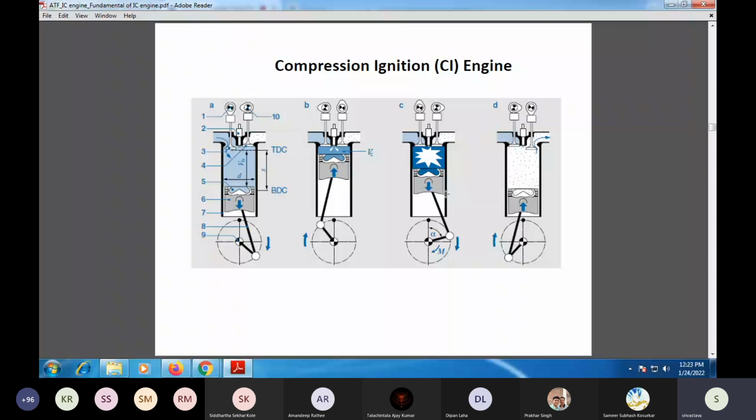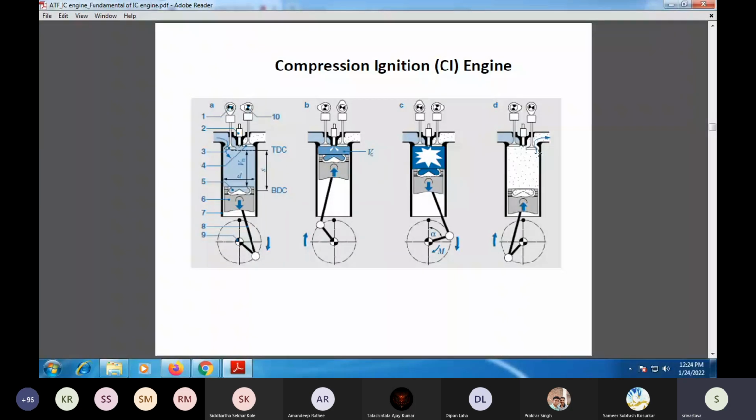Before the piston reaches the bottom dead center, at that point the exhaust valve is going to open. The partial exhaust product is going to be flushed out from the combustion chamber to the atmosphere because of the differential pressure.